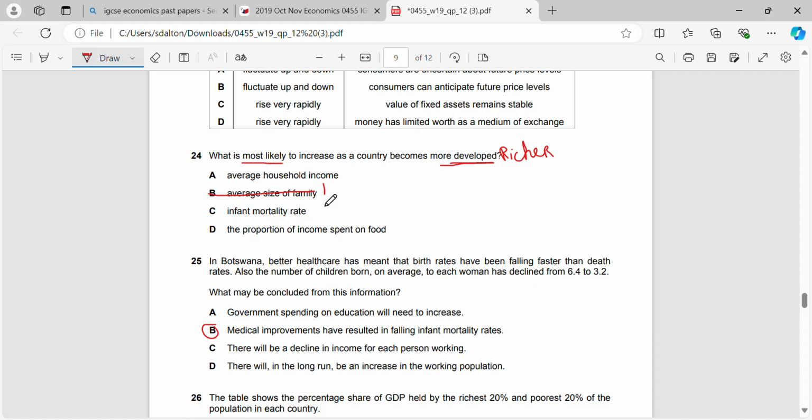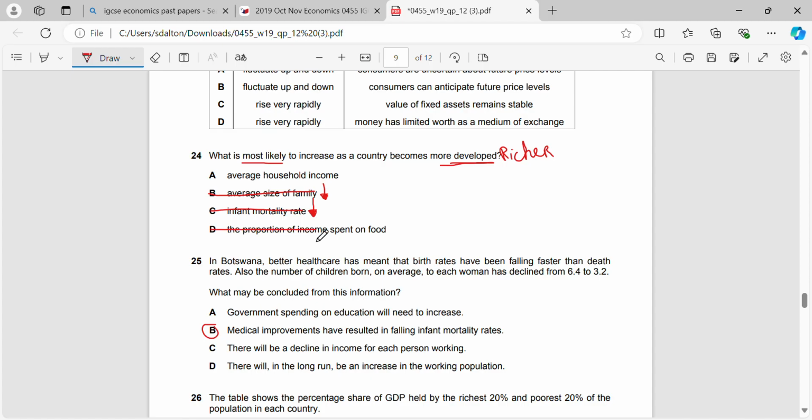No, the average size of a family is going to come down, because as the country gets richer, people start to focus on their jobs and their careers more, so they have less children. The infant mortality rate is also likely to come down, because as the country becomes more developed, we're likely to have less children dying as our healthcare system gets better.